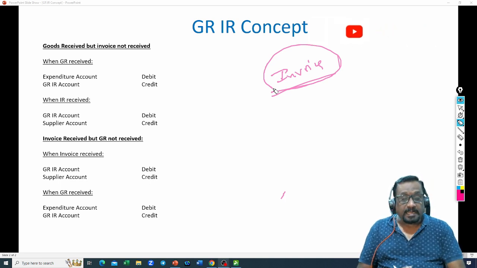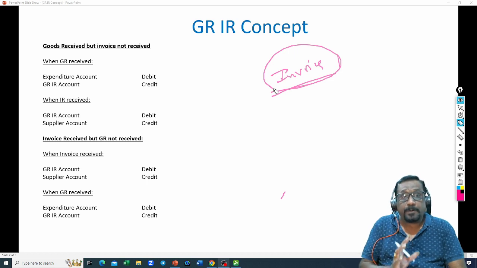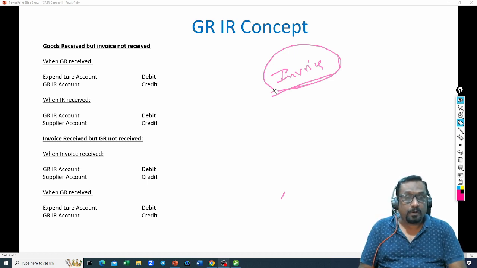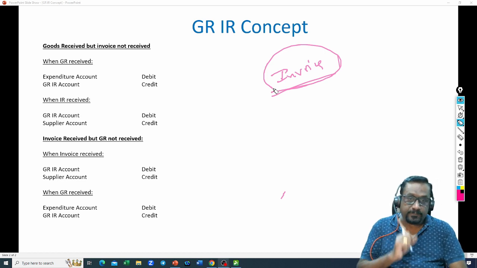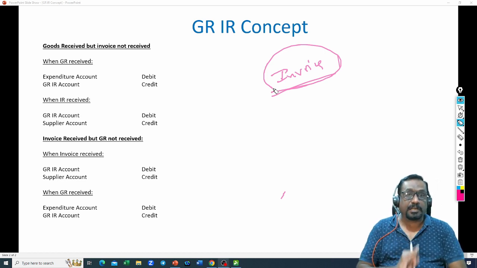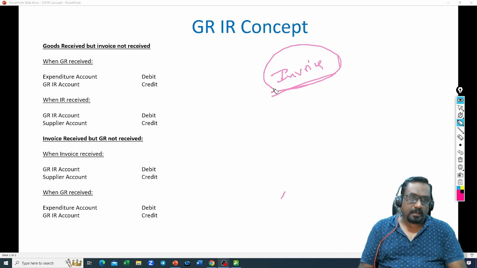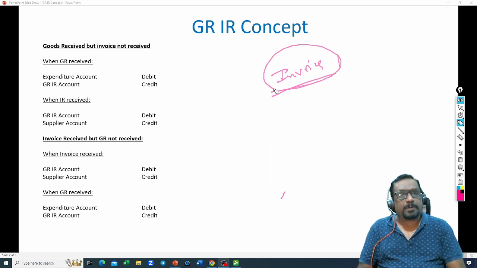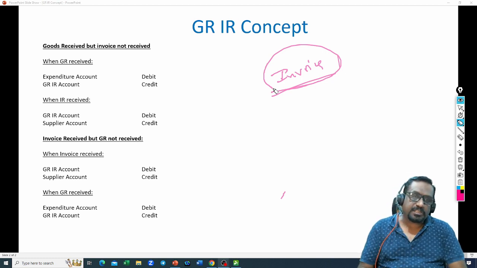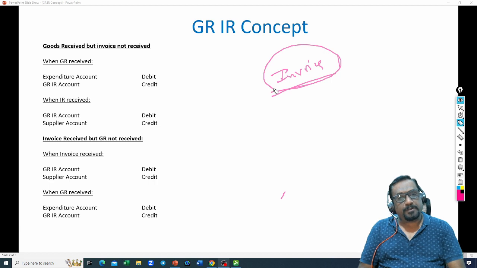So, that is the reason GR plays a very major role at the time of making payment to the supplier. If the goods are not received in good condition, would you be paying that amount to the supplier? No. If the goods are not as per the quality specifications mentioned in the PO, would you be interested to make the payment to the supplier?